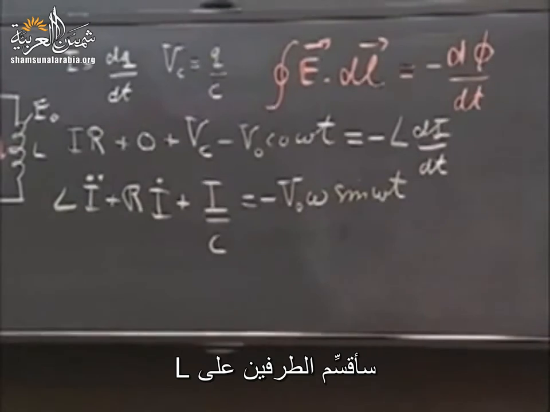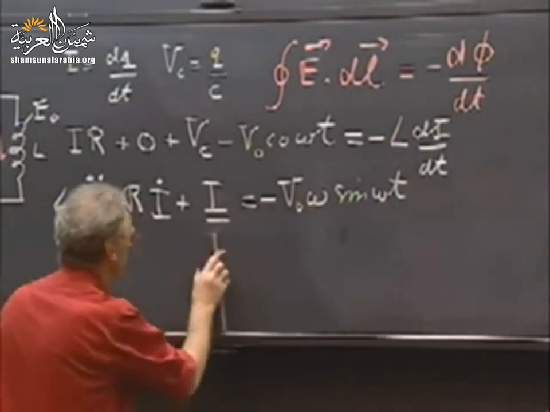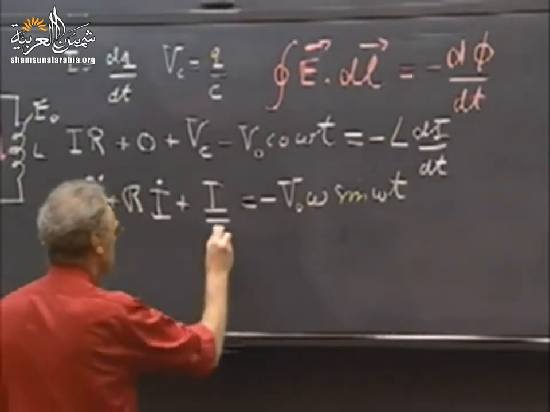This is the differential equation that has to be solved. And I will divide this out by L. I will divide everything by L. I will put the C a little higher.